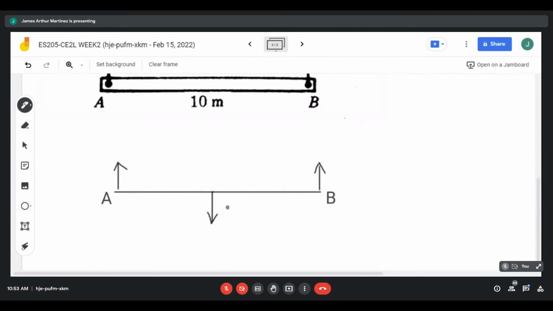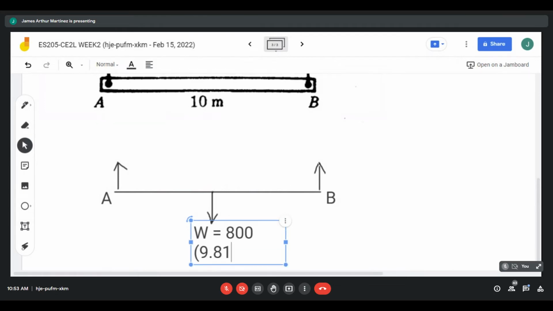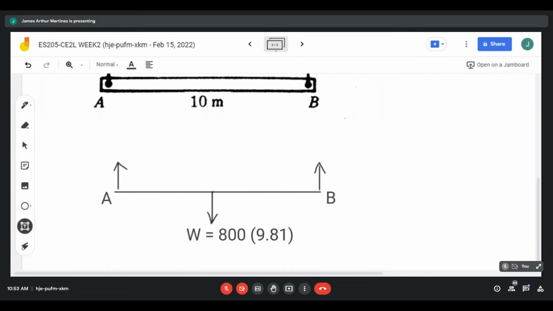Ang iyahang mass which is 800 kilogram. So if we'll take the weight of this bar, it is 800 times 9.81. Therefore, the weight of the bar is 800 times 9.81, 7,848 newtons.